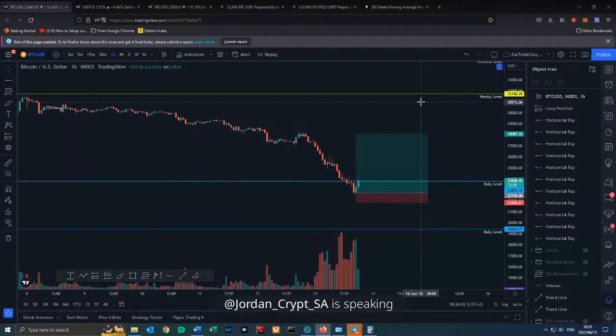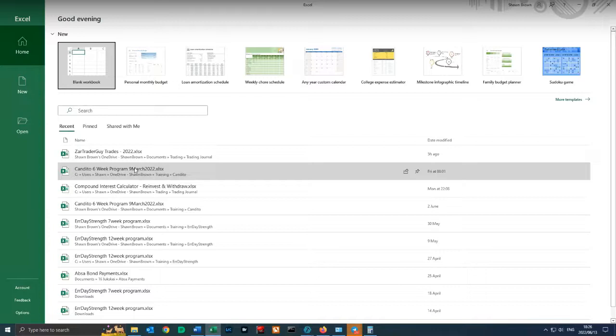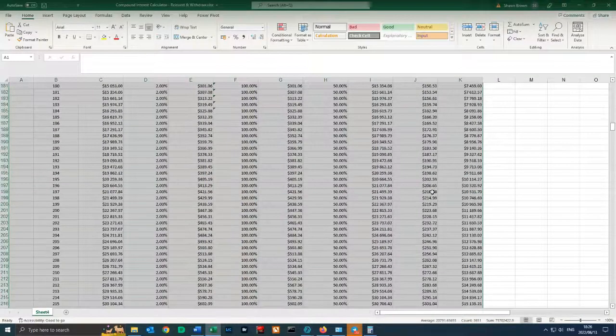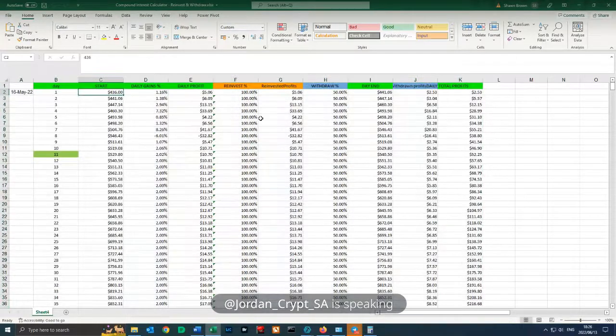Let me ask this question. I was going to talk about this at the end, but I think it's important to cover, because I showed you this compound interest calculator. I've been thinking a lot about this.